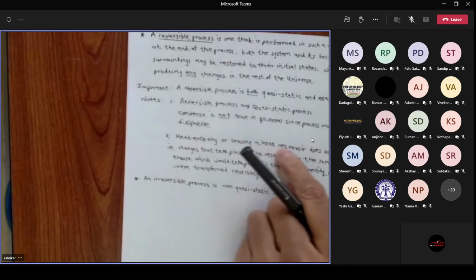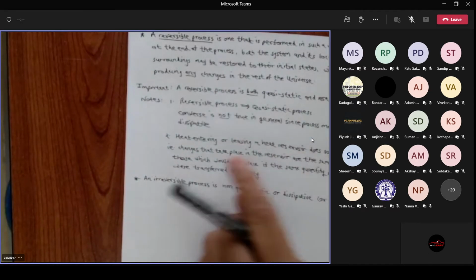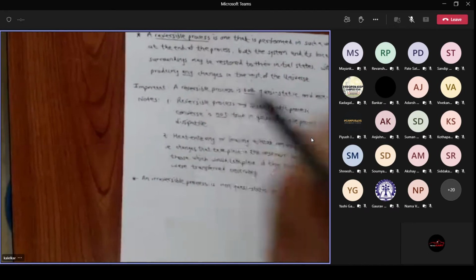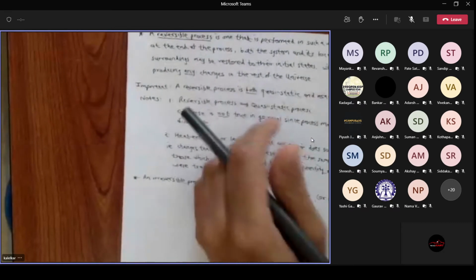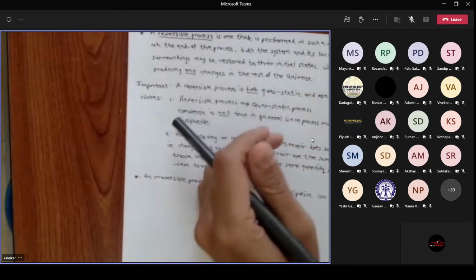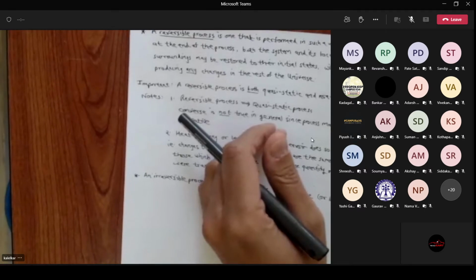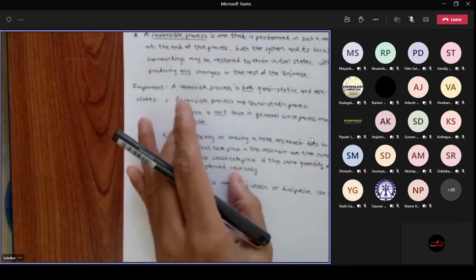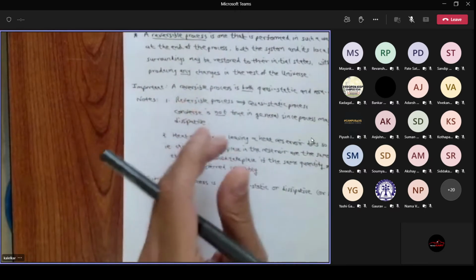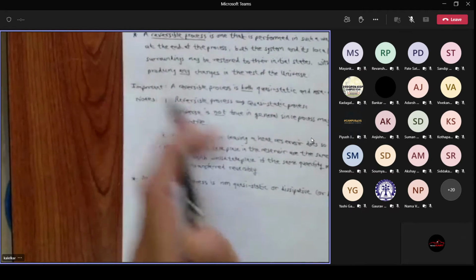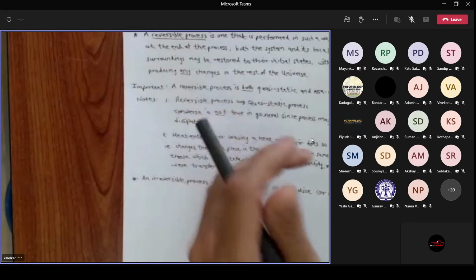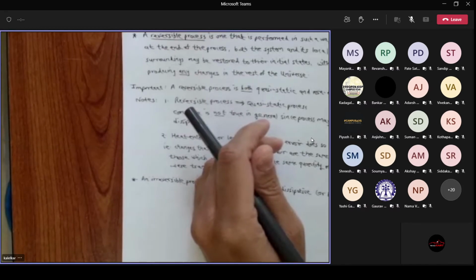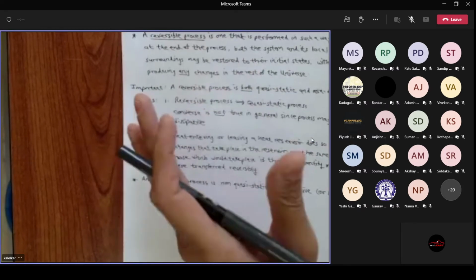So heat entering or leaving a heat reservoir does so reversibly, because as far as the reservoir is concerned, there are negligible changes in the thermodynamic coordinates. Okay, so this statement is about heat exchange between a system and a heat reservoir. That takes place reversibly. But that doesn't mean every process is reversible.